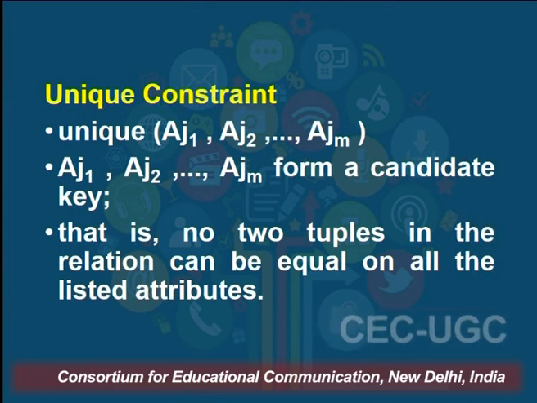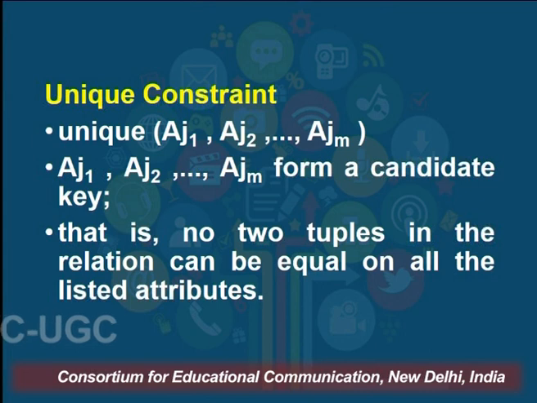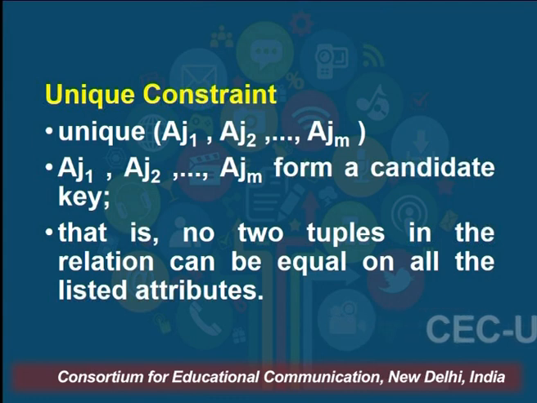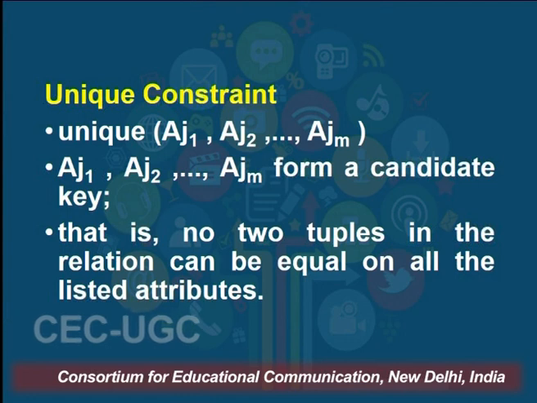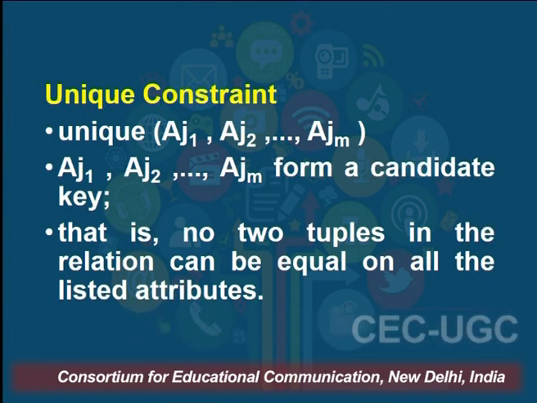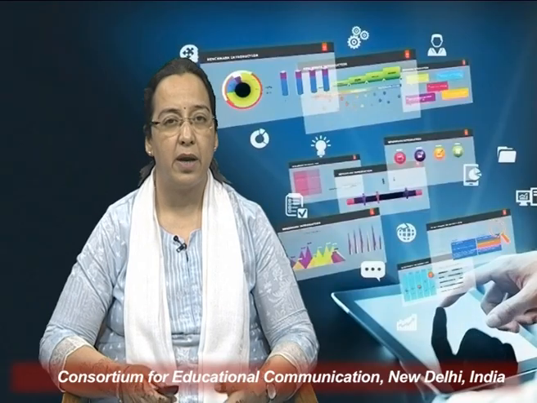For example, AJ1, AJ2 till AJM, where AJ1 to AJM form a candidate key. By ensuring this integrity constraint, we can say that no two tuples in the relation can be equal on all the listed attributes.